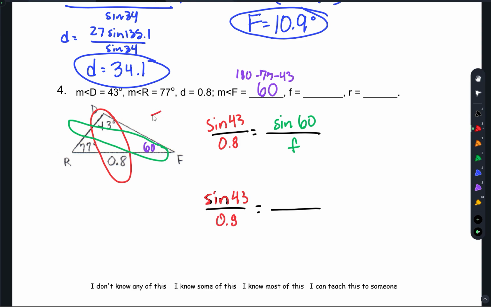This time I'm going to pair it with the r's. Sine 77 over r. Again, cross multiply. You don't have to do any inverses because we're not finding any angles. I believe your answer should be that f is 1 and r is 1.1.